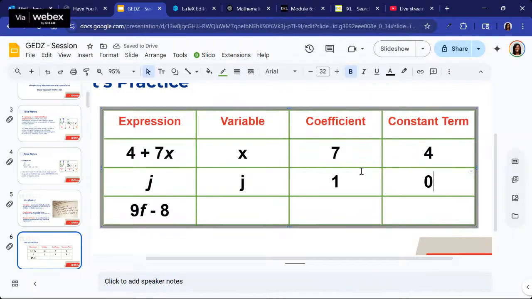Does that make sense why the coefficient is 1 and the constant term is 0? Drop a yes if you understand. If you see this again, you're going to get it right. Drop a no if you just need one more practice with a simple variable. Okay, then let's do the last one. What is the variable?